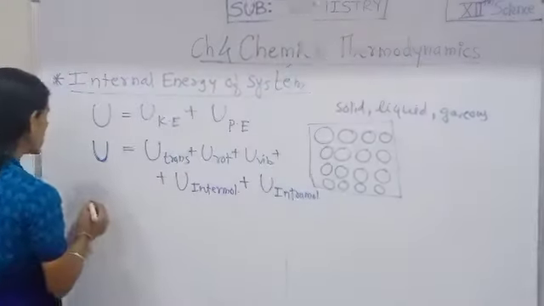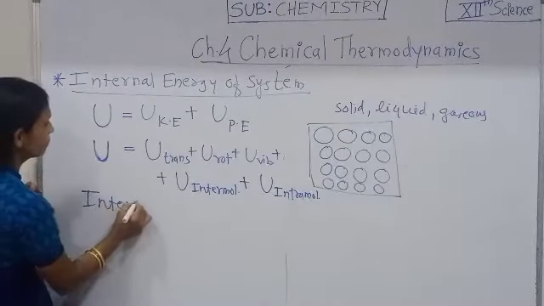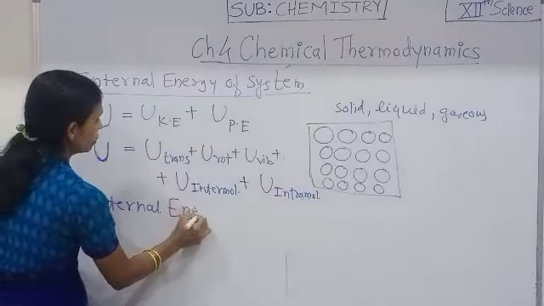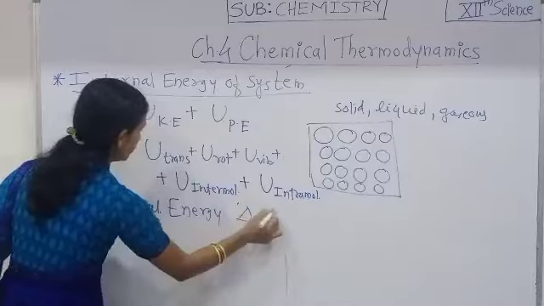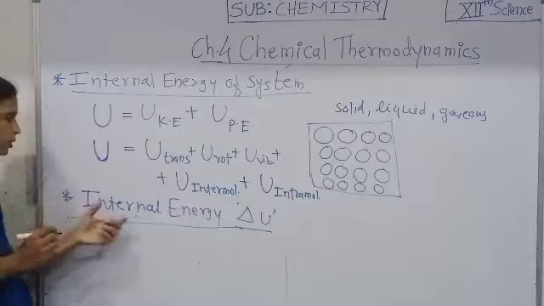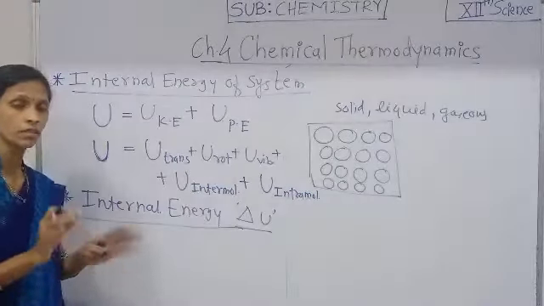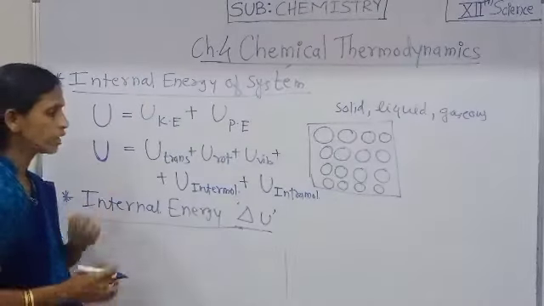Then we will discuss the change in internal energy of the system, which is denoted by delta U. When a process takes place in the system, the system changes from one state to another state.